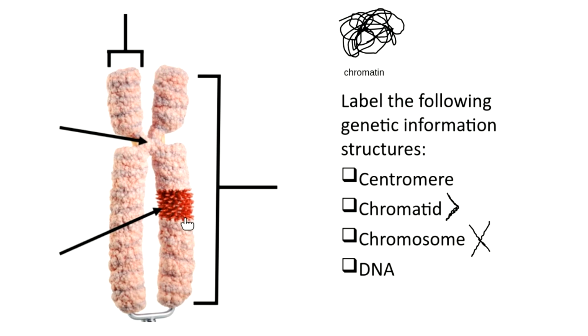If you look here, you can see that the DNA inside a chromosome is twisted up in circles. We have these special kinds of proteins called histone proteins. You don't have to know those, but I'm just mentioning that the DNA is wrapped around histone proteins to give it this appearance, to make it very tightly wrapped up.